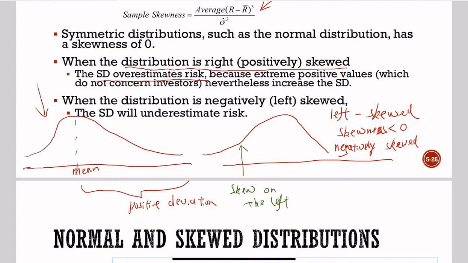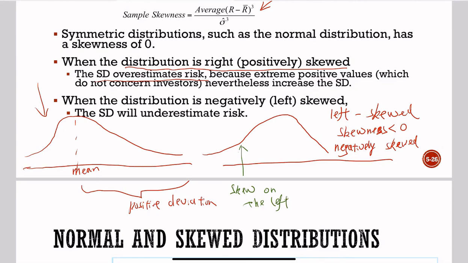However, you can see that when you're calculating standard deviation, when the distribution is right skewed, the positive deviation part will actually inflate your calculation of standard deviation. In this sense, standard deviation overestimates risk.